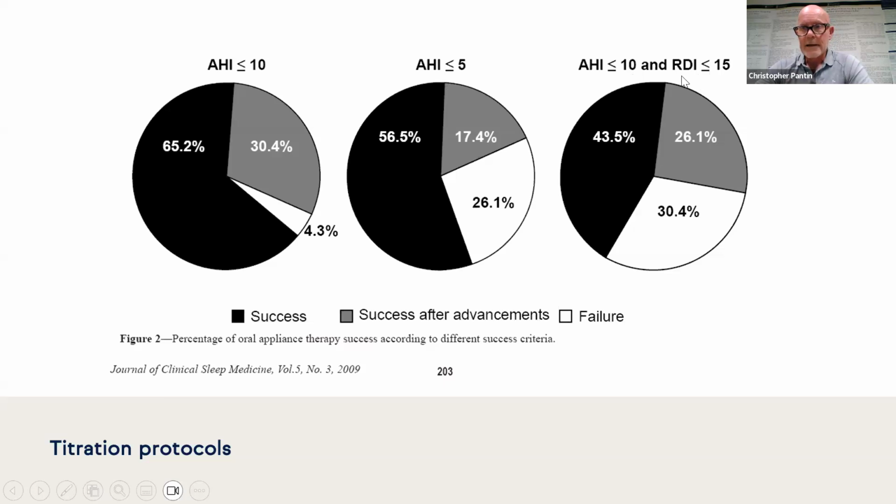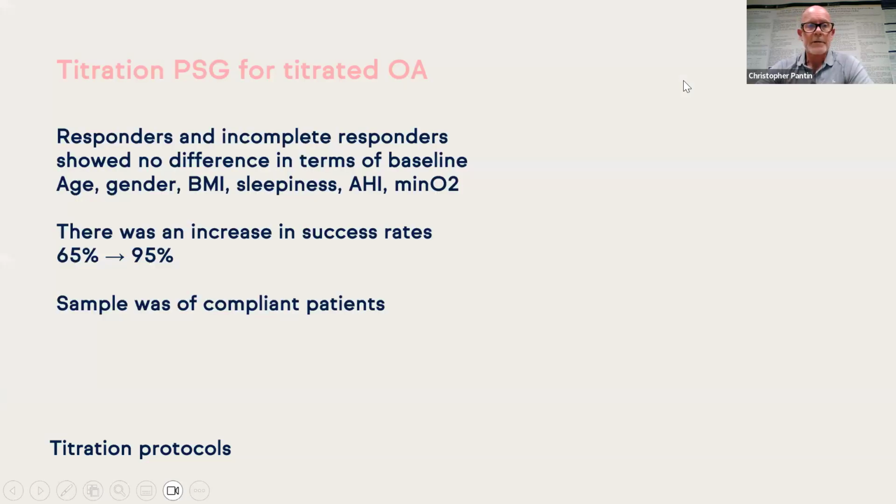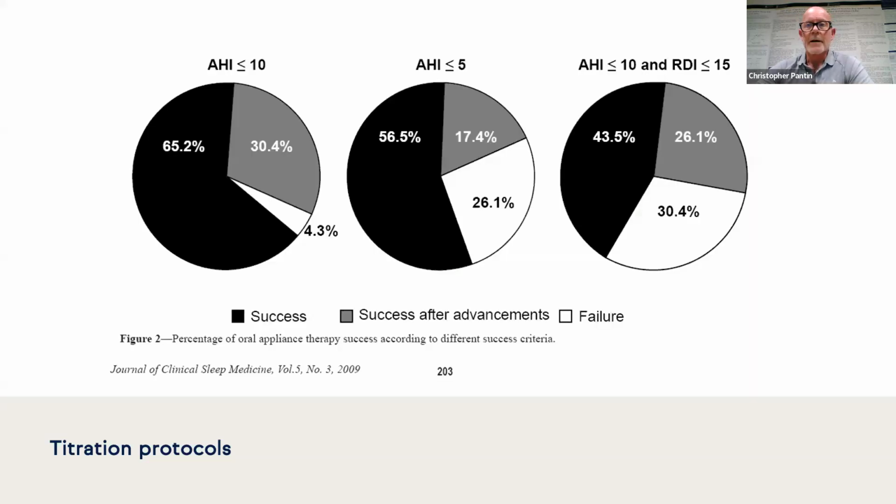Again, this is AHI with RERAs included, so sleep disturbance, respiratory effort-related arousals. Over here, less than or equal to 5, which would be pretty much the standard criteria for determining a responder. And down here, under 10 events per hour, which is probably the more realistic outcome for treating patients who are moderate to severe in sleep apnea.